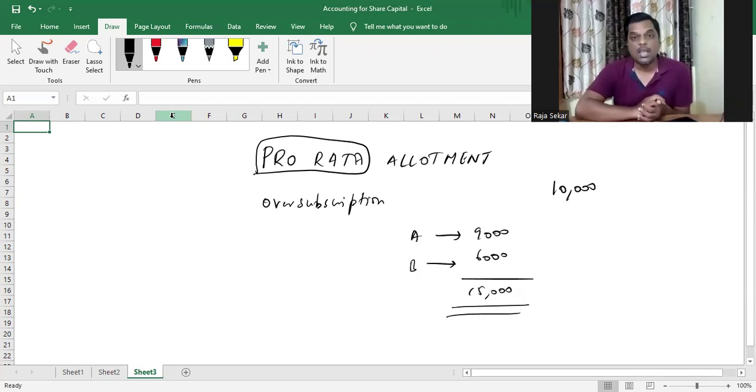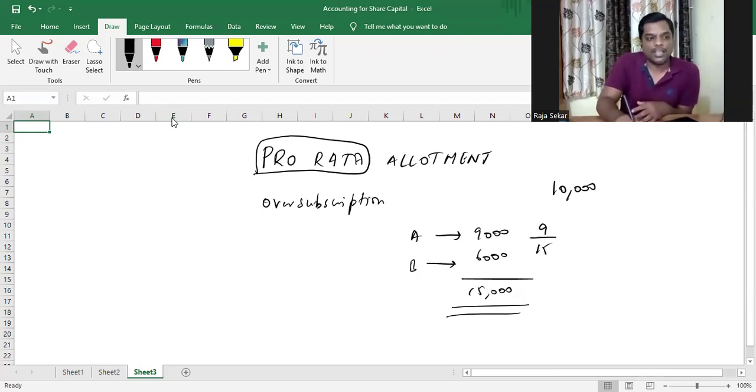That is, it can allot shares in the proportion in which the subscribers have applied for the shares. For instance, in this case, the ratio of the number of applications made by A to the number of applications received by the company is 9,000 divided by 15,000.